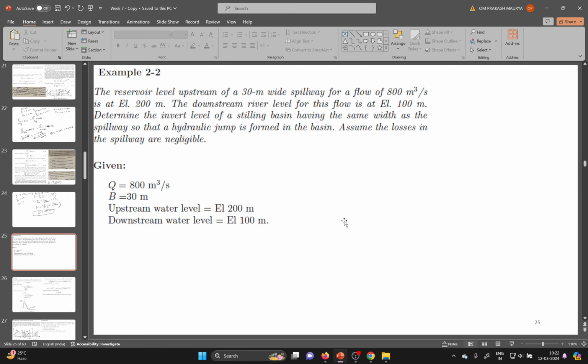The question is asking to determine the invert level of a stilling basin having the same width as the spillway, so that the hydraulic jump is formed in the basin. So here the hint is given: the hydraulic jump is formed. So you go through your basic concepts, and you will get it.